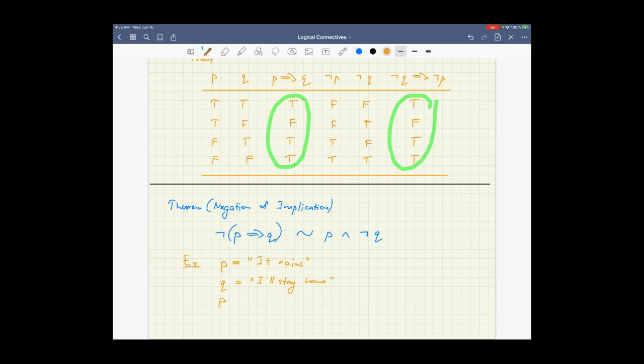Right, so then P implying Q would read as, if it rains, I will stay home. If it rains, I'm staying, or rather not home, I'm staying inside. If it rains, I'm staying inside.